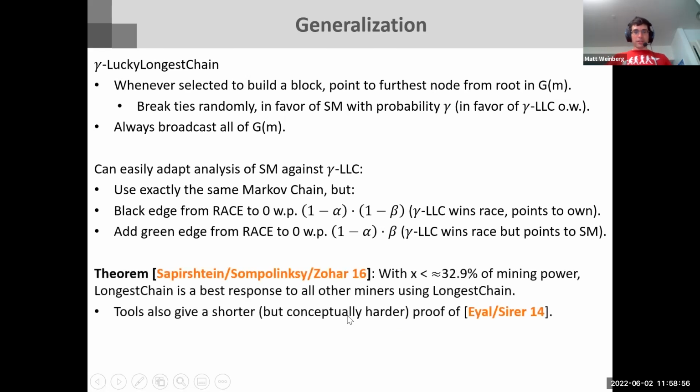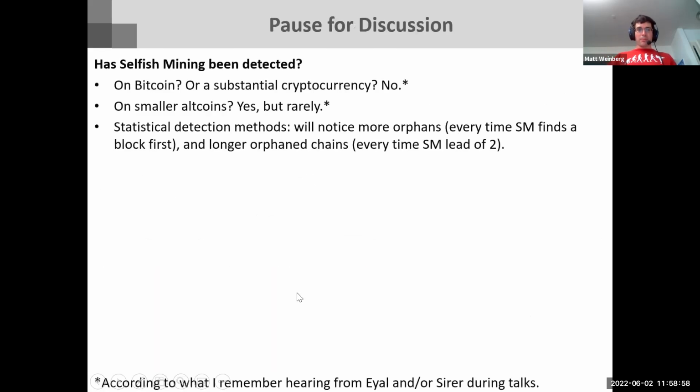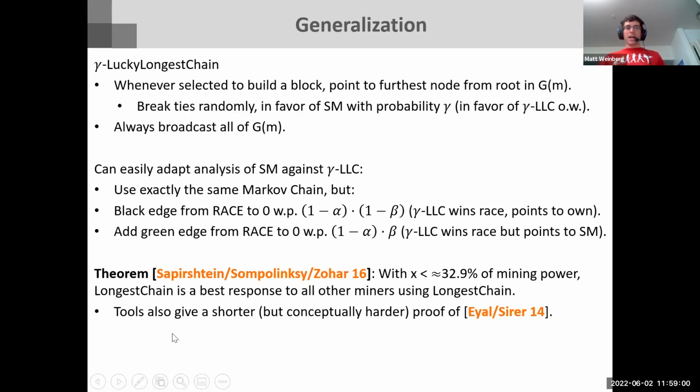So I have basically no time, so maybe I will do the wrap up with this on the slide. I mentioned earlier that there was some way to talk about abstracting away the network protocols with one parameter. And the original paper used this parameter gamma to refer to that. They basically said, look, however well connected you are in the network or whatever's going on, let's just parameterize that by gamma.